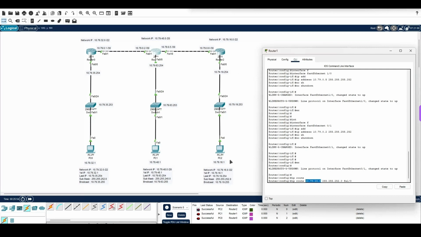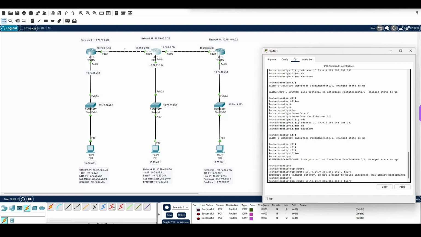Everything in this network is included in this IP address because it's the network address. This command tells this router, if you want to go to this network, use this interface here.